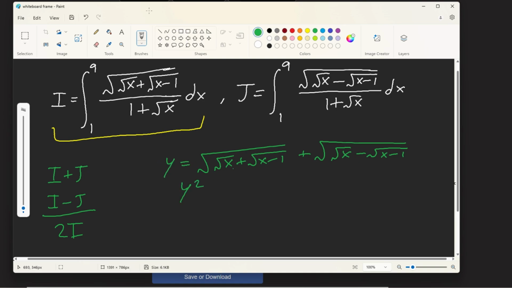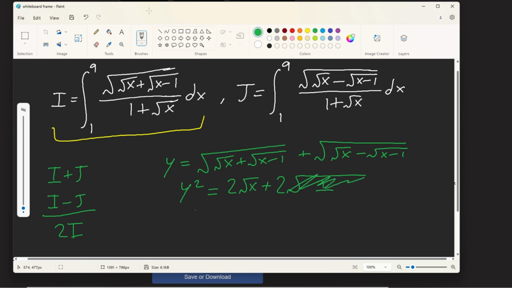If you've seen this Olympiad trick, if you square it, you get 2 square root of x, and then plus 2 of the square root of x minus 1. Oh wow, so this is just 2.